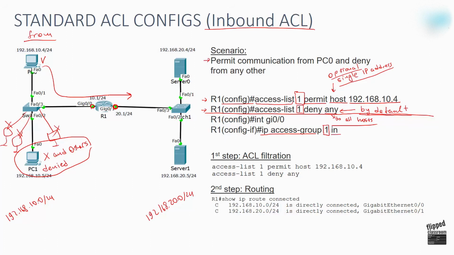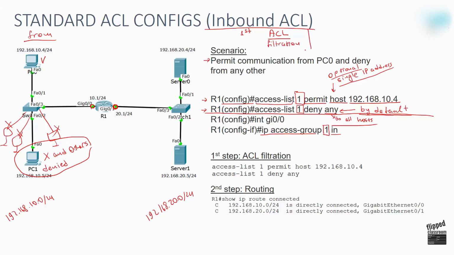It means that when traffic comes into this interface, you will make filtration at first, so with inbound ACL, the first thing which will happen when a packet comes in is ACL filtration.